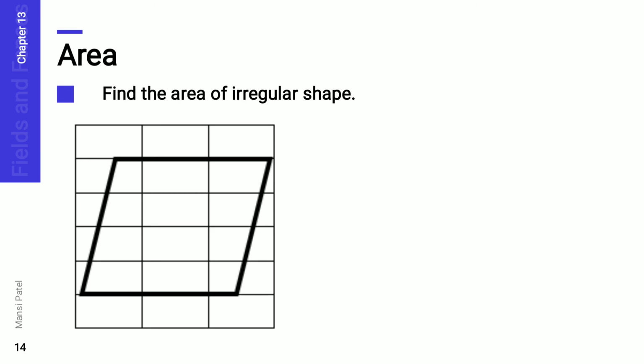Now let us see some other irregular shapes. You can see here, in this quadrilateral, you want to find the area of this quadrilateral. So first you have to count the number of squares which occupy one whole square and more than half a square.